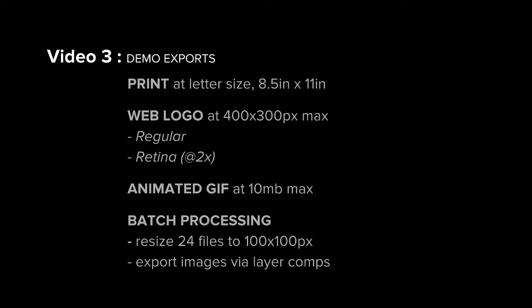We need to export one for regular screens, and we also have an option for providing one for Retina displays, so that the logo can be displayed just as large and as sharp on Retina displays. In other words, on a Retina display, the pixel size you need for this logo would be 2 times, which means 800 pixels wide max and 600 pixels tall max. So let's get to it.